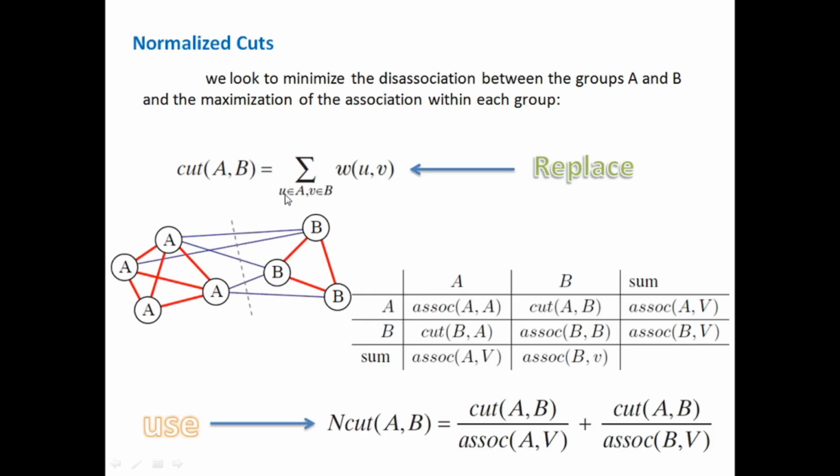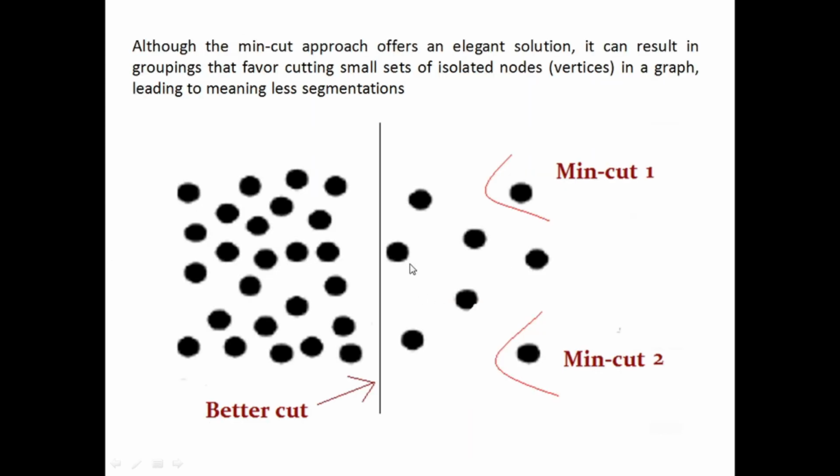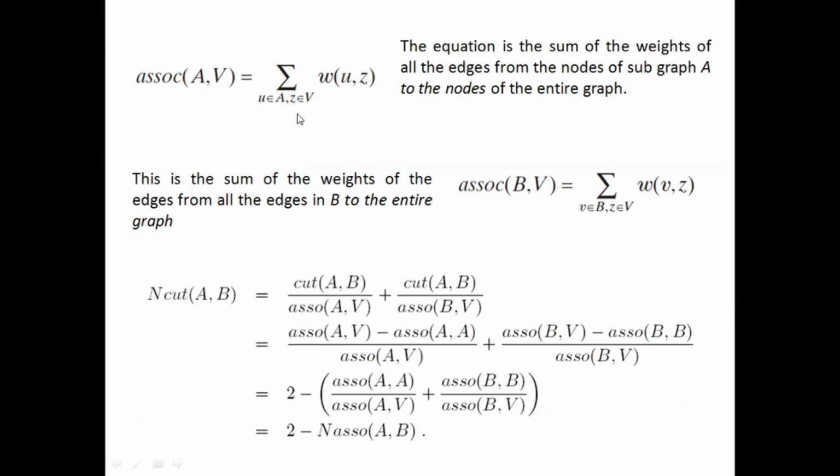What I have said is U belongs to A and V belongs to B, right? I have taken one more number of nodes because this is U1, U2, U3, U4. Let me call it like this. This is V1, V2, V3. There may also exist Z, which are present in the superset V, such that Z1, Z2, Z3, some n number of Z nodes may also be present.